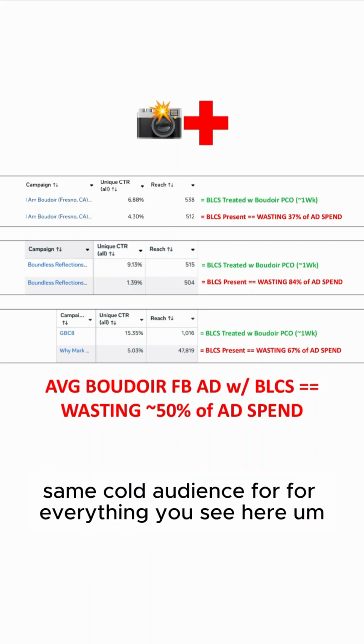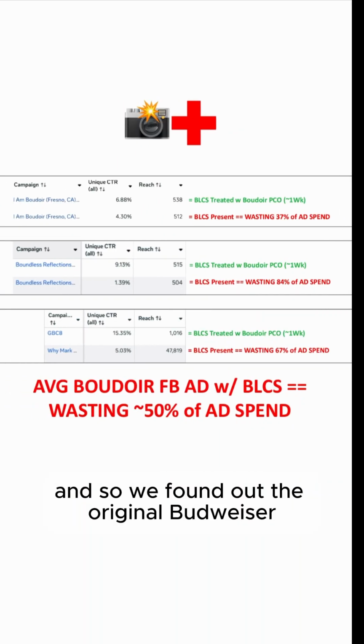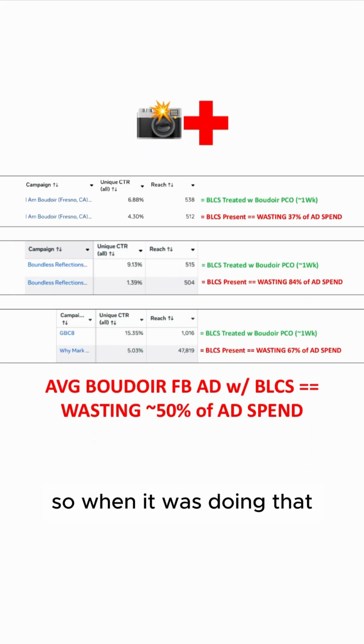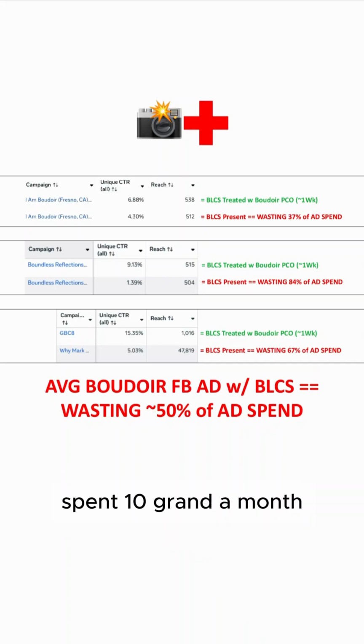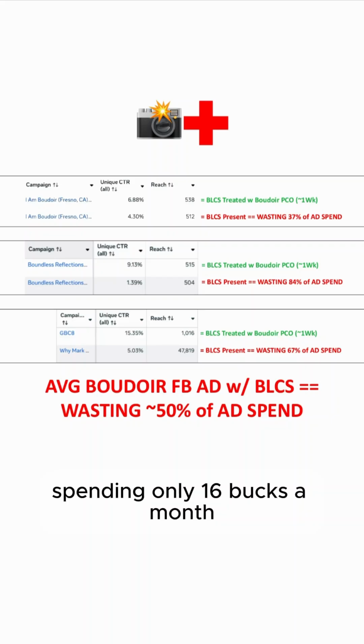It's the same city, same cold audience for everything you see here. And so we found out the original Boudoir Facebook ad was wasting 84% of its ad spend. The original Boudoir Facebook ad spent 10 grand a month. Instead of doing that, we can run the Boudoir Pico treated ad spending only 1,600 bucks a month.